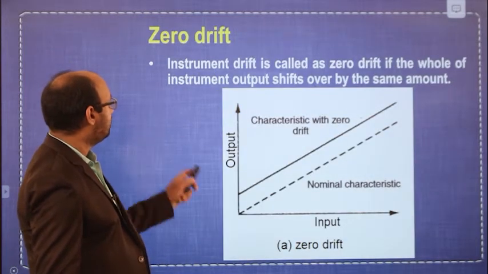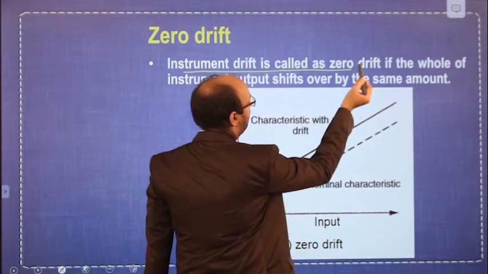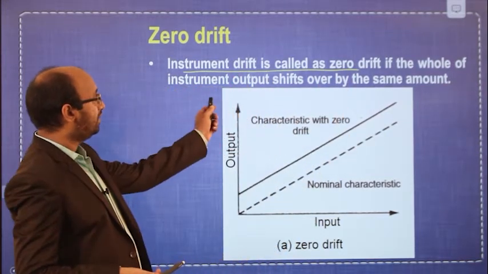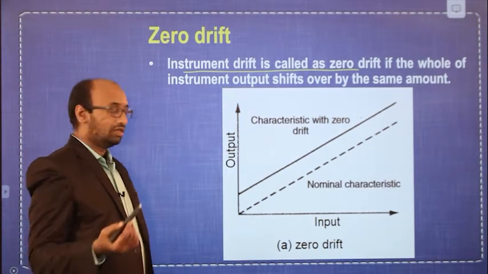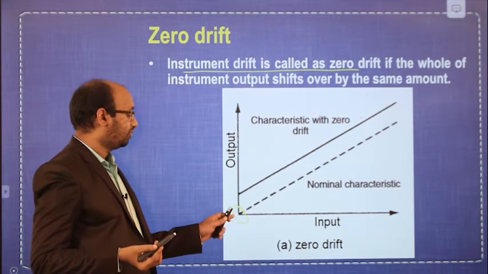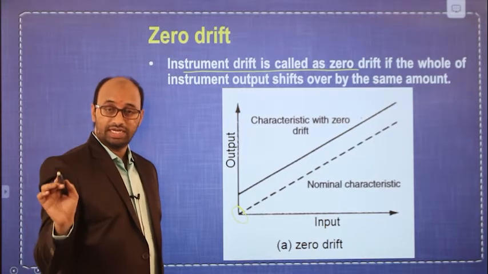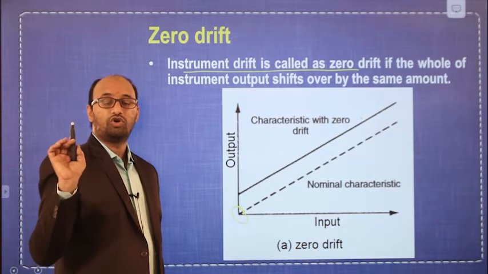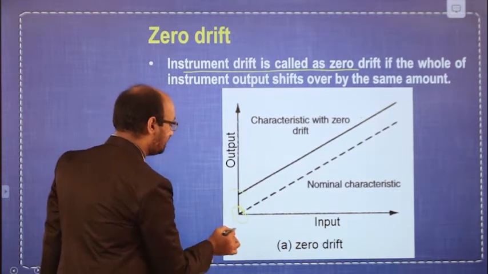The first one is zero drift. Instrument drift is called zero drift if the instrument output shifts by the same amount throughout the measurement. Suppose even if the instrument input is 0, the output shows some deflection. This is called zero error.